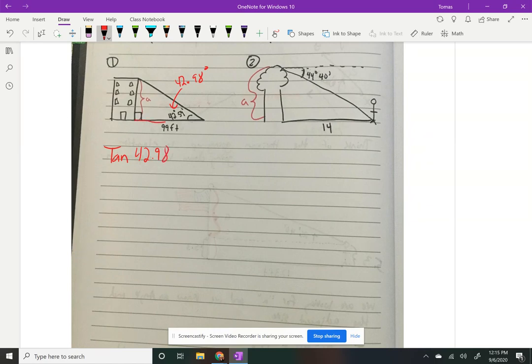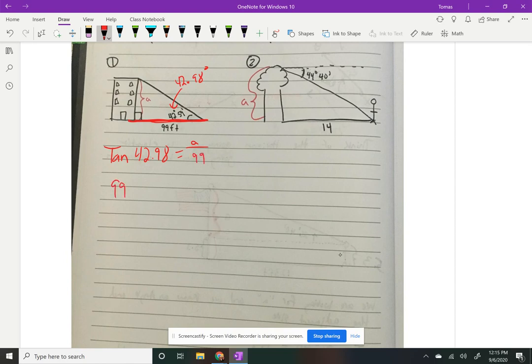Okay, we're on the ground level, so we don't have none of that. Oh wait, are we starting from a machine on a stand, or starting from 5 feet high? No, we're at ground level. Notice that we're on ground level, so we could just go straight into this. So opposite, which is A, over adjacent, which is 99.